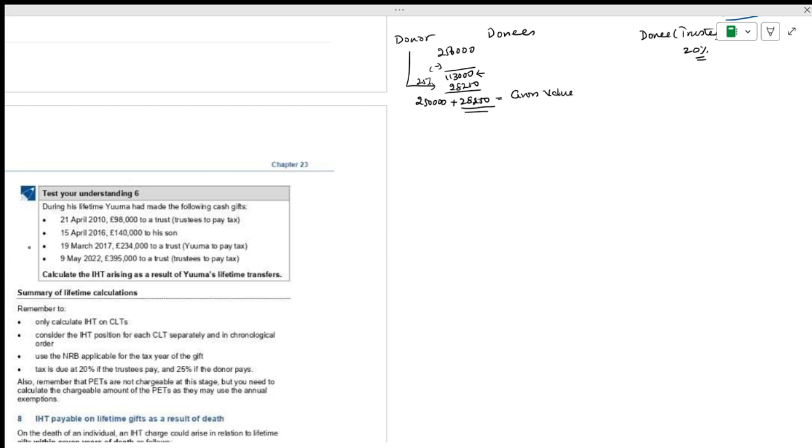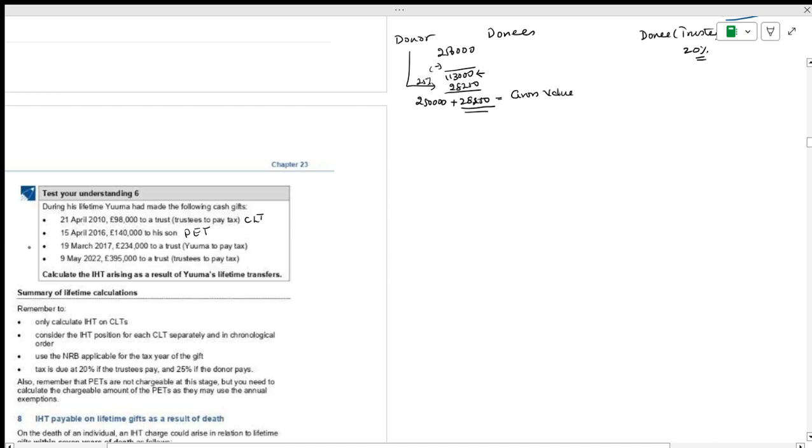How much is there? The first one is CLT or PET? This one is trustee, CLT. Next one is potential.